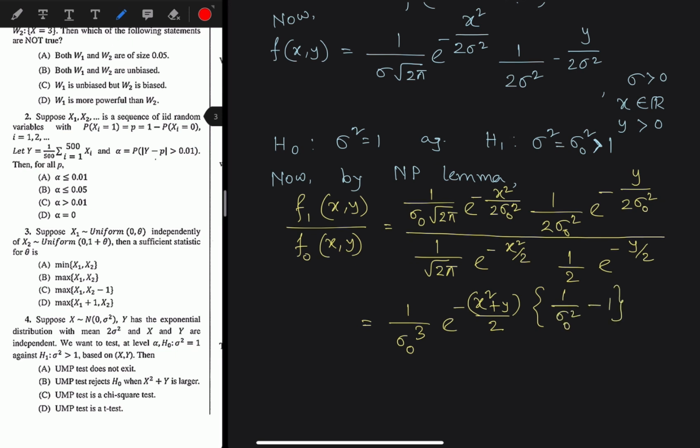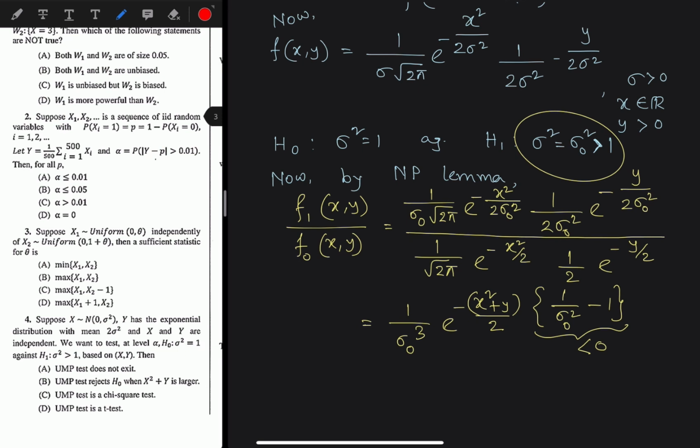Okay, as we can see that sigma naught square is greater than 1, so 1 by sigma naught square must be less than 1. So this quantity must be negative.